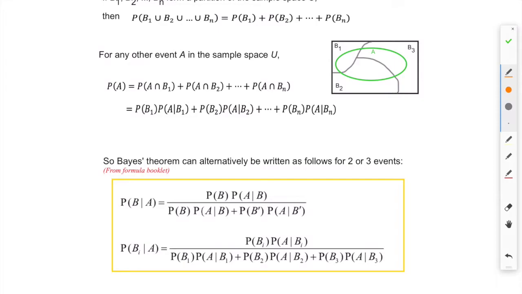Well, I need to consider P of A and B1, the intersection, plus P of A and B2 plus P of A and B3 to make up the entire region of A. Using that relationship that we have developed to link up intersections as well as conditional probability, each individual intersection probability of A and B1 can be calculated by multiplying P of B1 times P of A given B1.